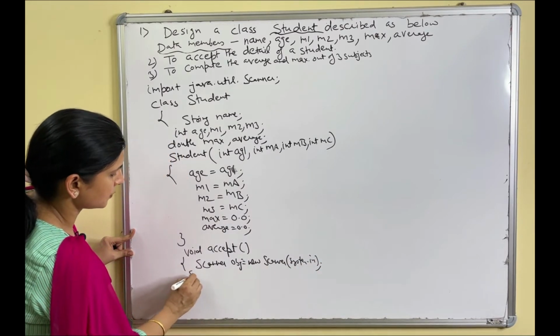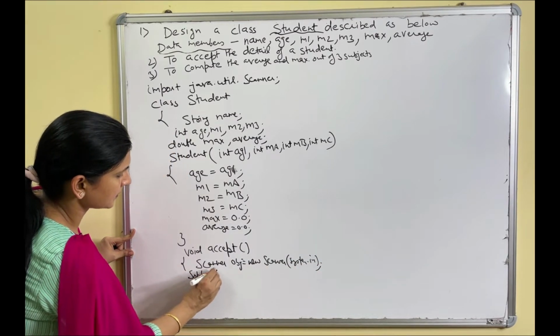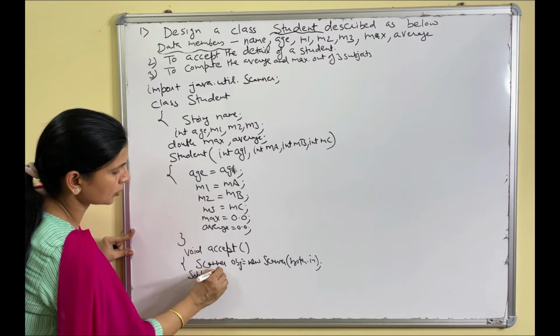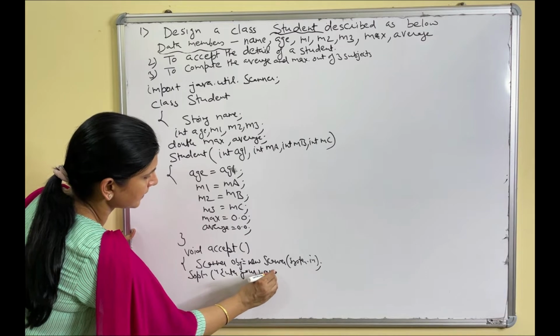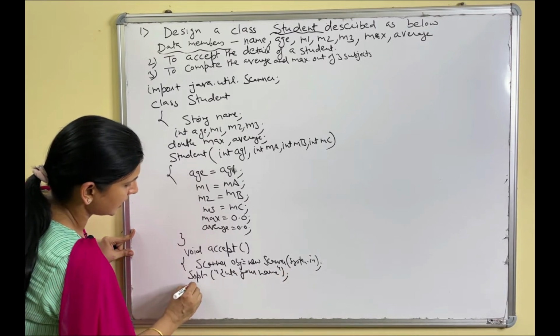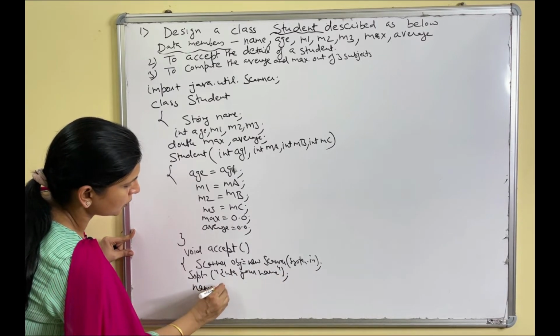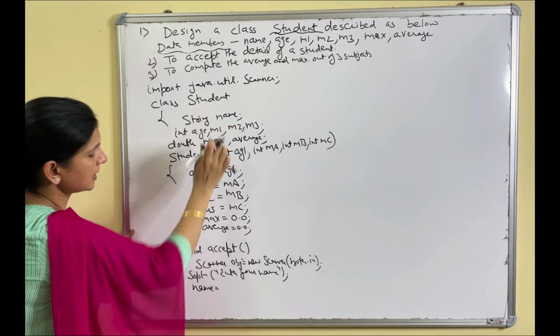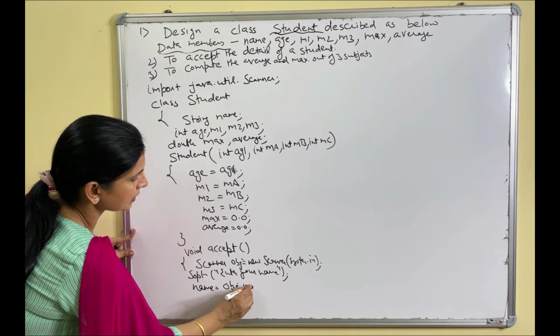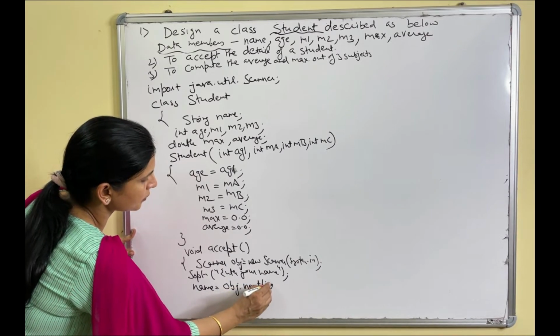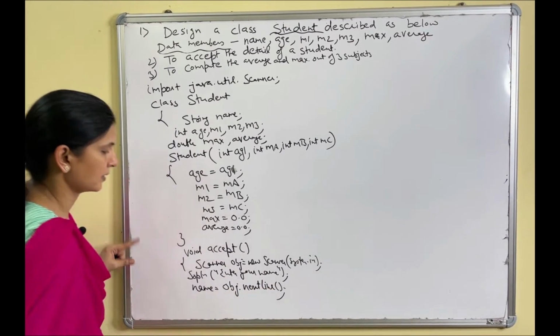Then SOPLN, in short form I am using, you will write the full System.out.println, enter your name. Then name equals, as we have taken name, name = obj.nextLine(). So we will use the nextLine method, right?